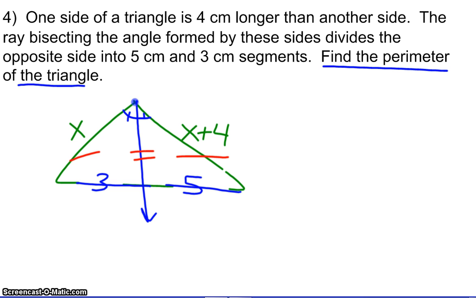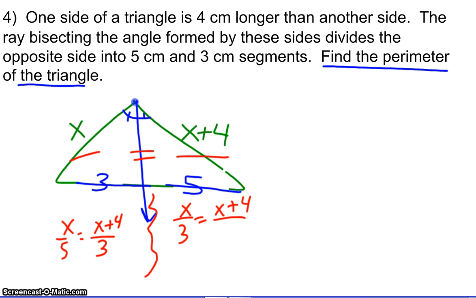And then you can set up another one with x over 5 and x plus 4 over 3. Only one of those is an accurate diagram for the triangle, so find out which one works and finish solving the perimeter, and that concludes section 8.5.